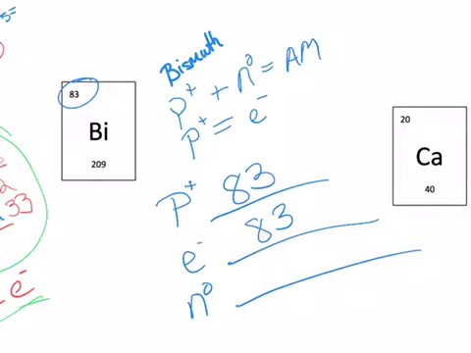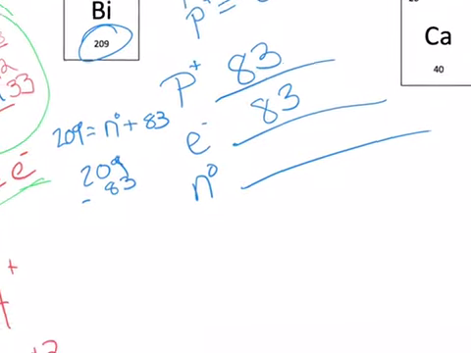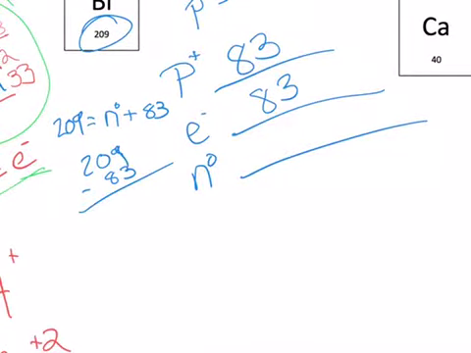So we have protons plus neutrons equals atomic mass, and protons equal electrons. For bismuth, we just look right here to our atomic number, it's 83. Our electrons are also 83. And our neutrons: let's write out our problem. It's 209, that's the atomic mass, equals neutrons plus 83. So 209 minus 83 is 126. So our neutrons are 126.